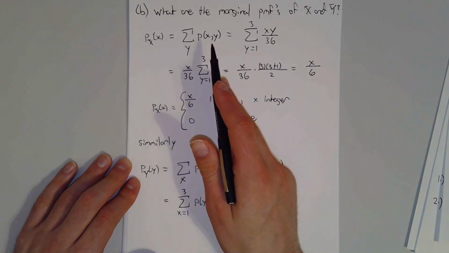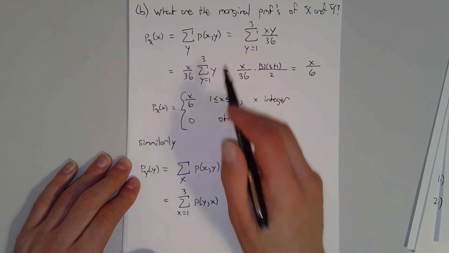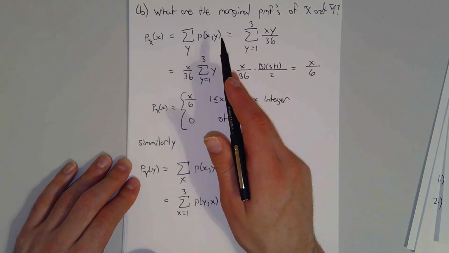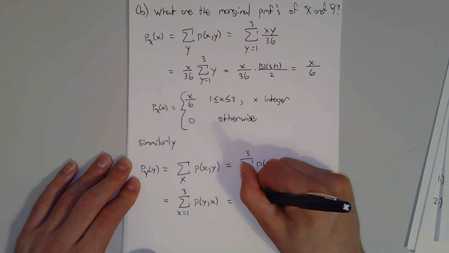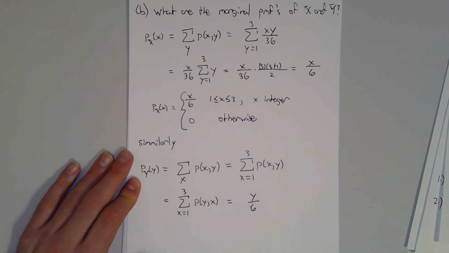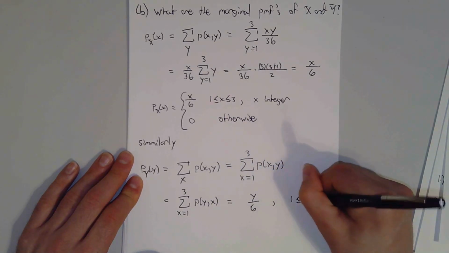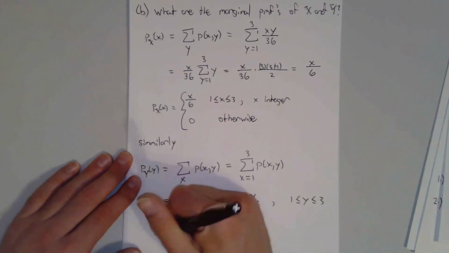The only difference is that now the roles of x and y have switched. We're doing the exact same thing, but calling what was x, y, and what was y, x. So this must also simplify to y over 6 under the restriction that y is between 1 and 3.